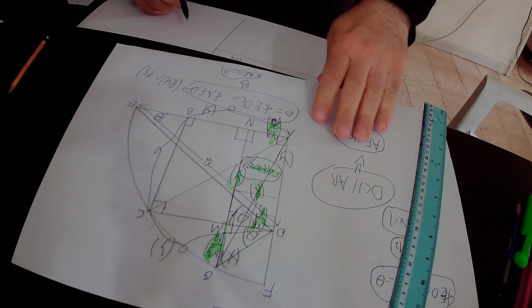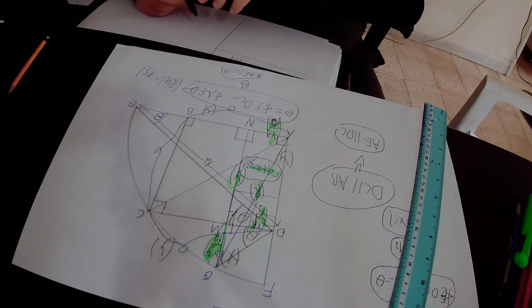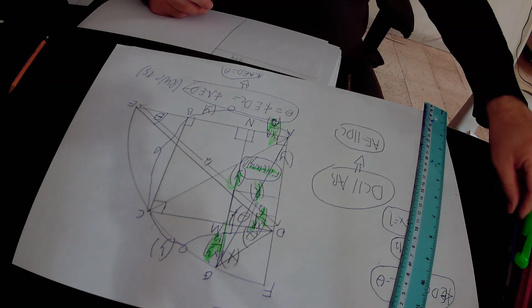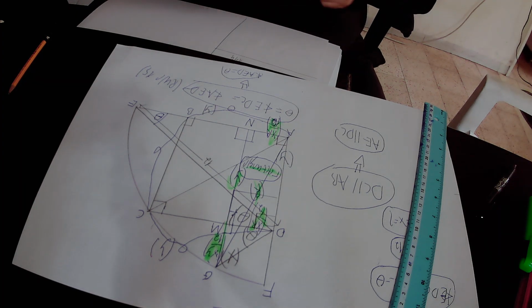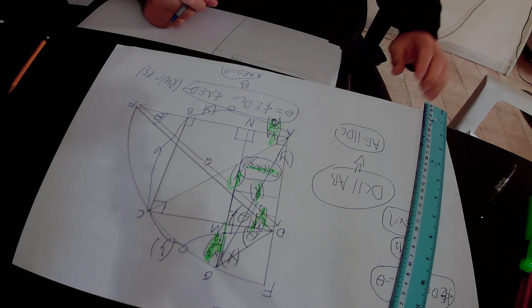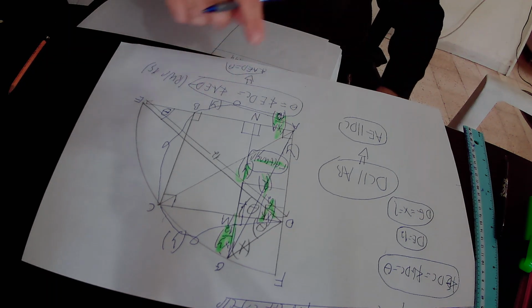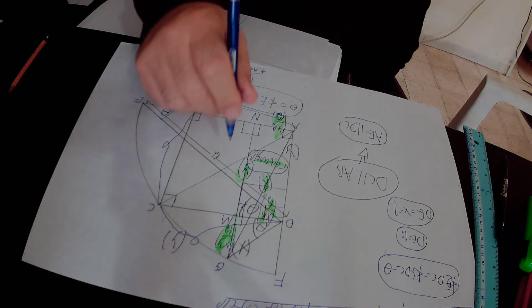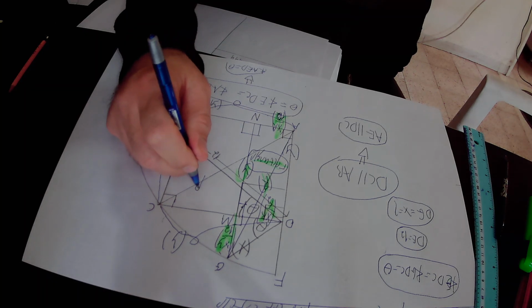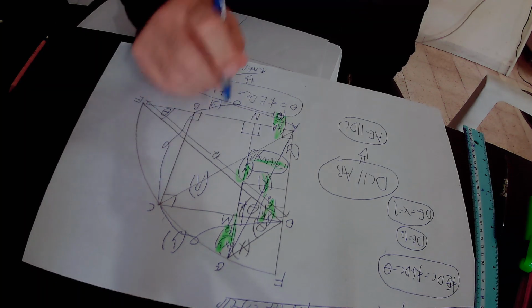Well, what is the definition of line segment AC? Line segment AC starts from point A, that is the center of the quarter circle, and ends at point C, that is the point on the quarter circle itself. This is exactly the definition of a radius. Therefore, AC is the radius of this quarter circle, that is equal to R, according to our definition.